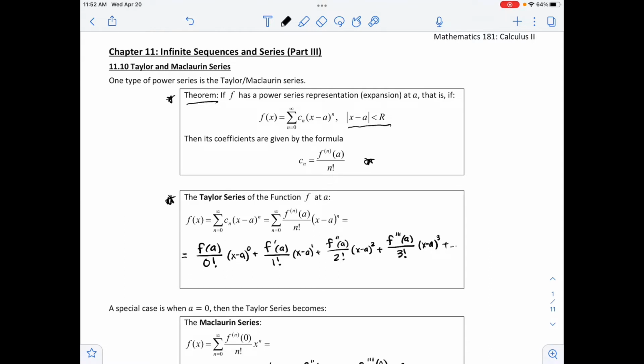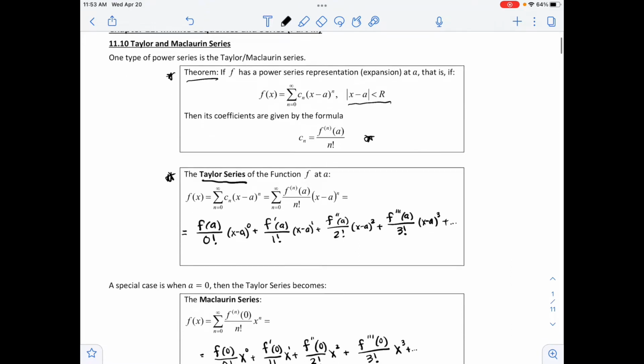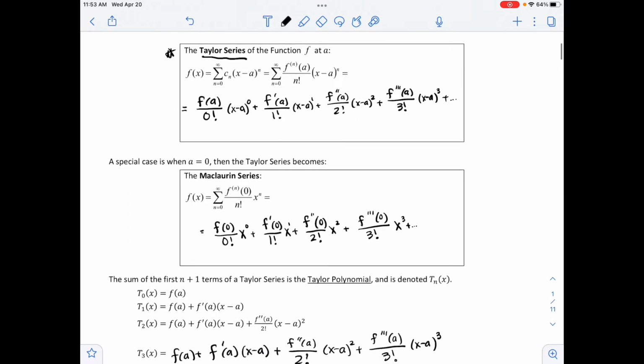The next thing we have is a Taylor series, and the Taylor series of the function f at a is f of x equals the sum from n equals 0 to infinity of c sub n times x minus a to the nth power, or using up above what c sub n is, we have the sum from n equals 0 to infinity of the nth derivative of f at a divided by n factorial times x minus a to the nth power.